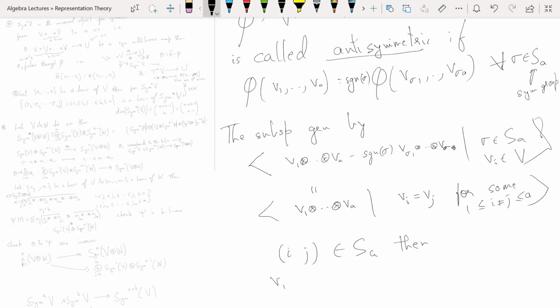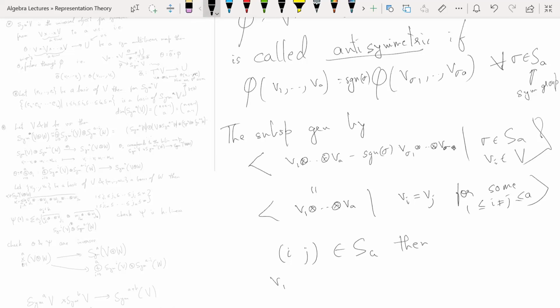The sign of this is, sorry, we get that this belongs to the first one, because this is an odd permutation.